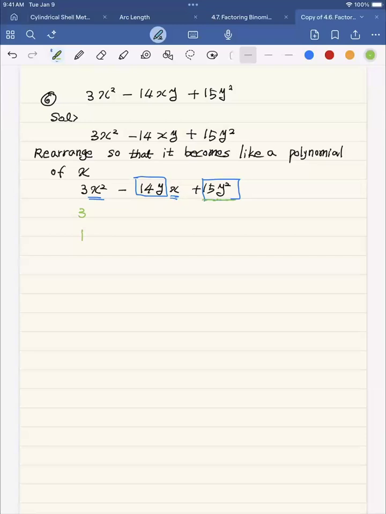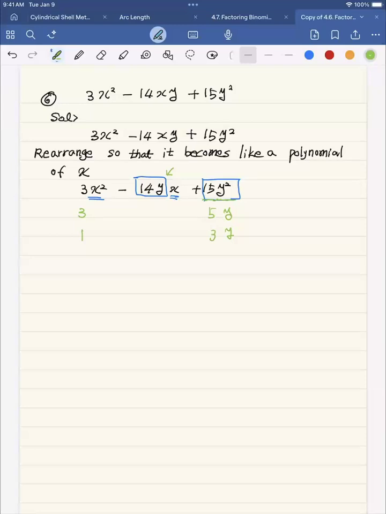So obviously we have to put y for both. And then we think about the combination. It should make 14y. So I would write 3 here and 5 here.